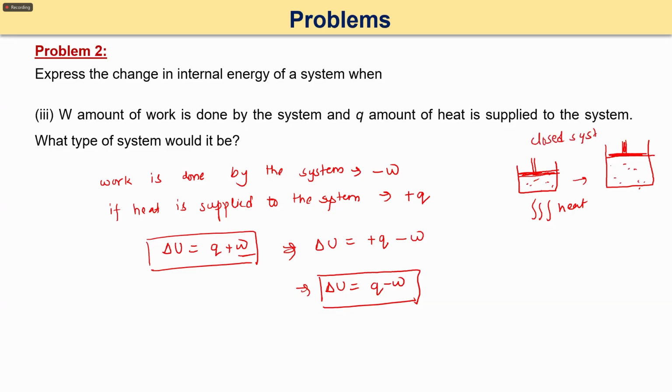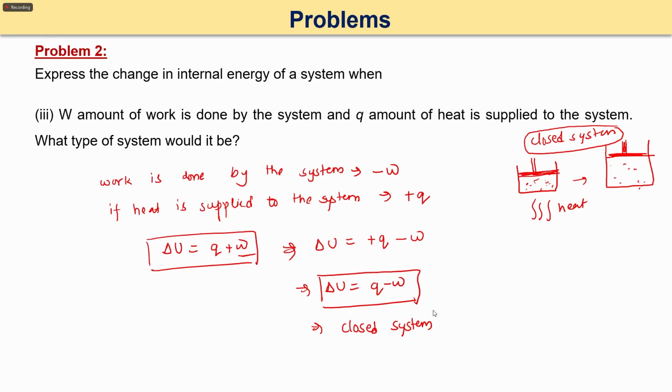Why? Because you are supplying heat to the system, and your system, that is your gases, applied force on this piston, and this piston moves upward. So this work is done by the system. So this kind of processes are called as processes.